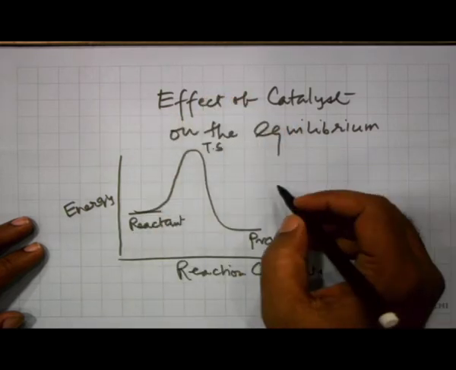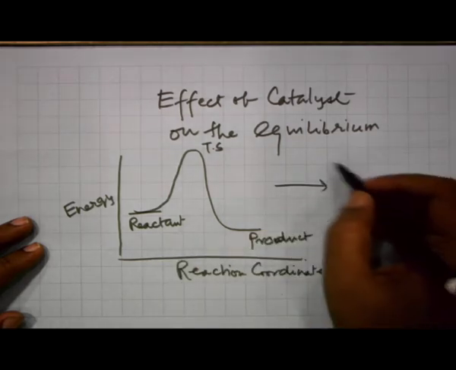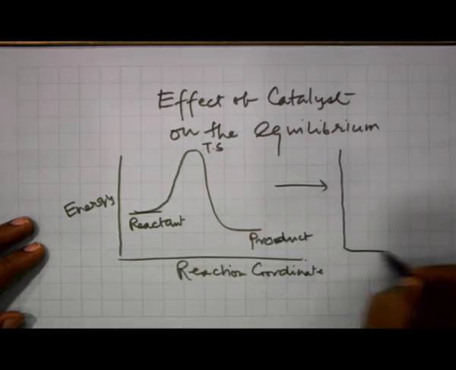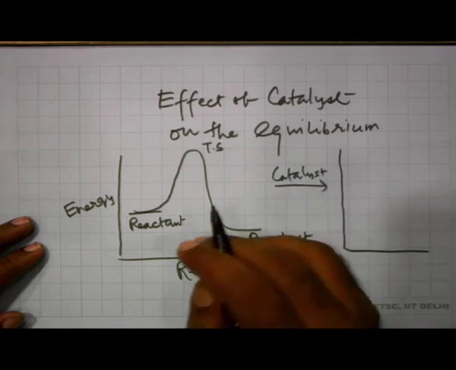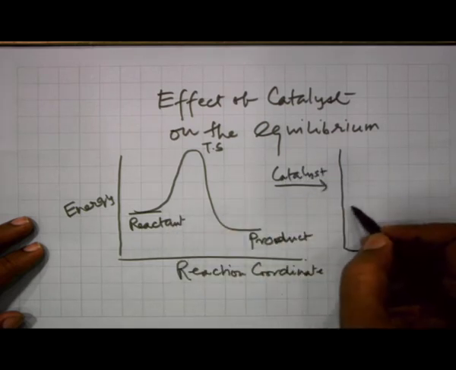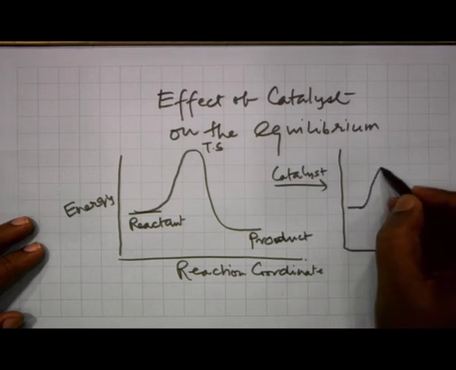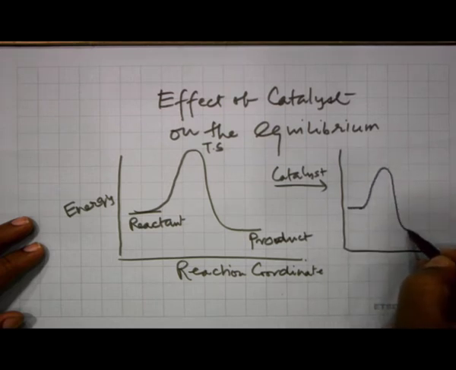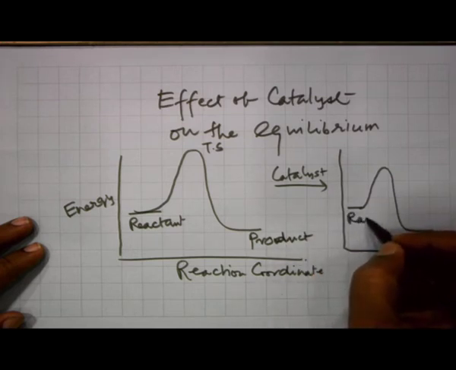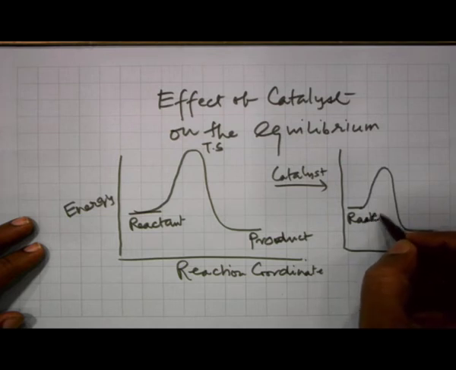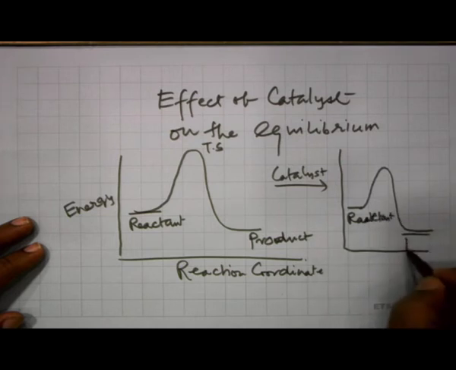So, if we have a reaction and we add a catalyst, what can happen? We know that in presence of catalyst, this curve will be something like this. What does that mean? This is reactant, this is product, and this is the transition state.